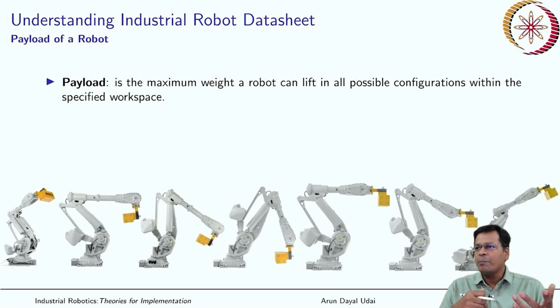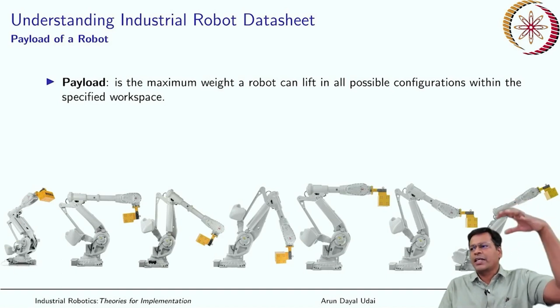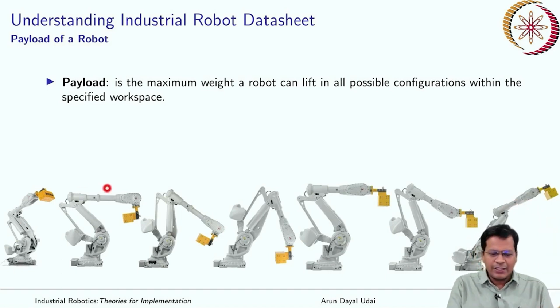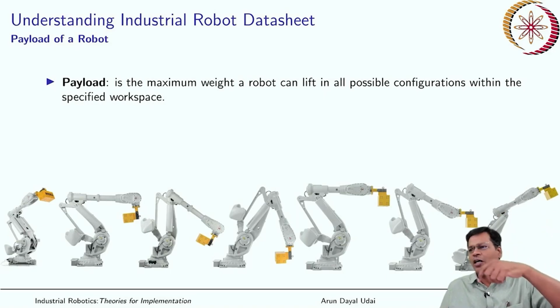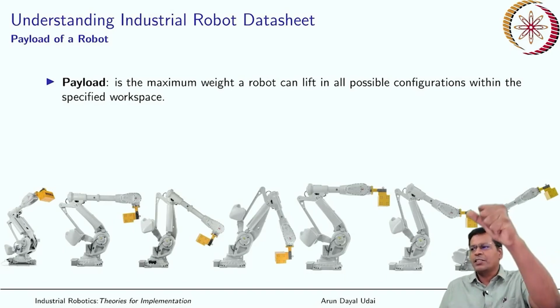It is the maximum weight that a robot can lift in all possible configurations. Below you see a figure, a robot is something like this. In the second figure it is a little bit down, again further down, and then in a different position. There are a number of positions. So all the configurations include position in space and orientation in space.